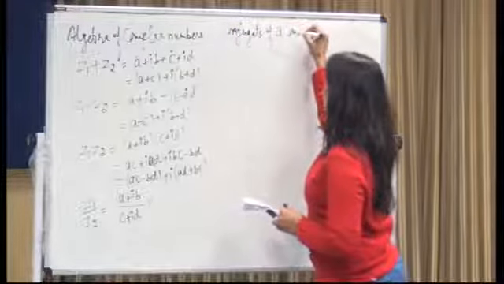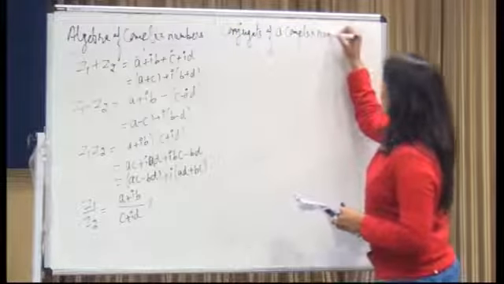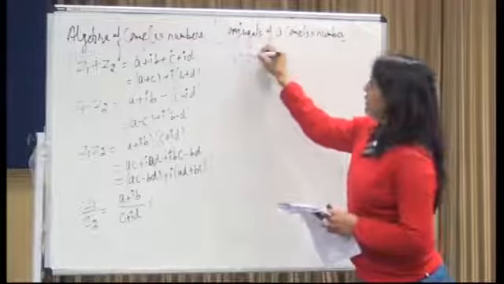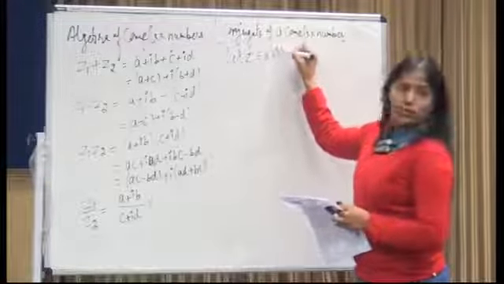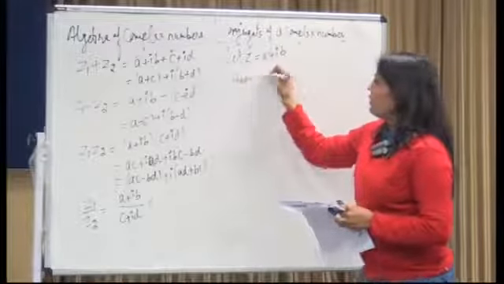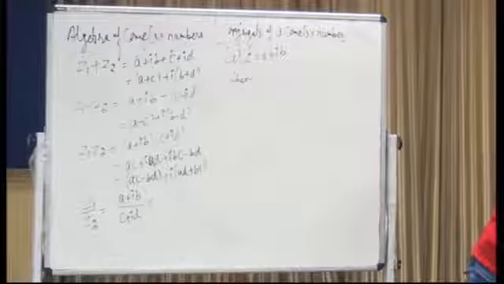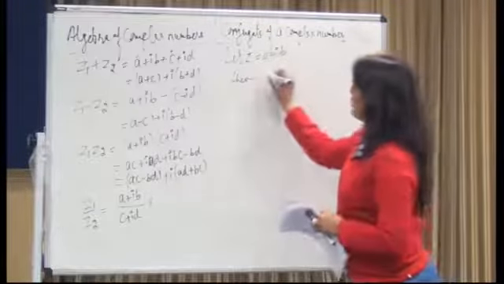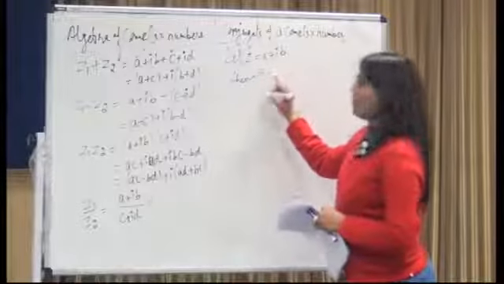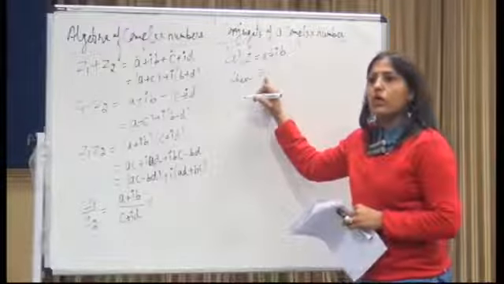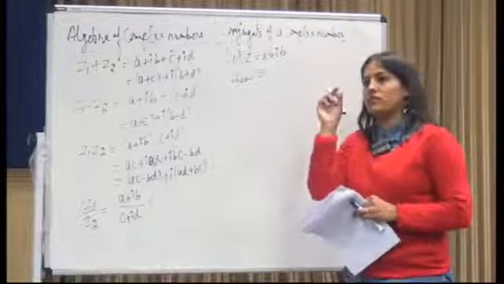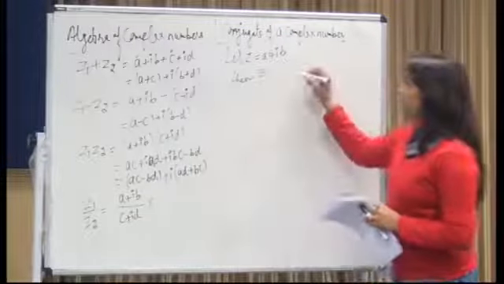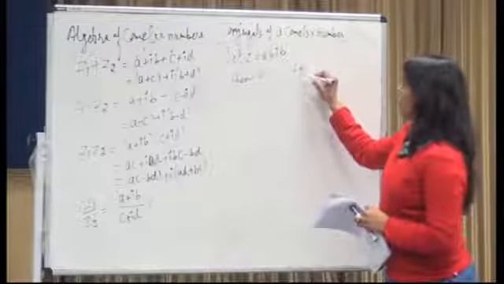You first understand this term, then we'll divide. So conjugate of a complex number, let z be a plus iota b, then z bar is the notation for the conjugate, and for the conjugate we just replace iota by minus iota.